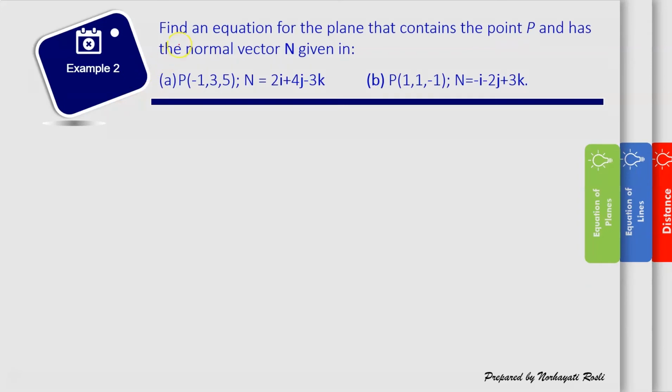Question number 2. We need to find an equation for the plane that contains the point P and has the normal vector n, which is given here. So now, based on this, we know that our x naught, y naught, z naught is given by negative 1, 3, 5. And we know our n is 2i plus 4j minus 3k.